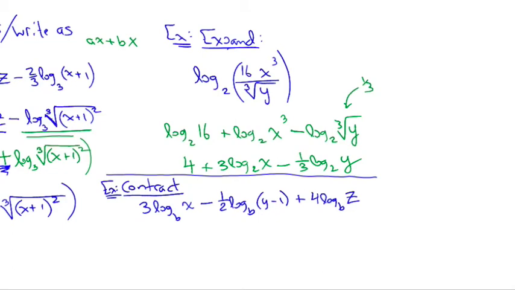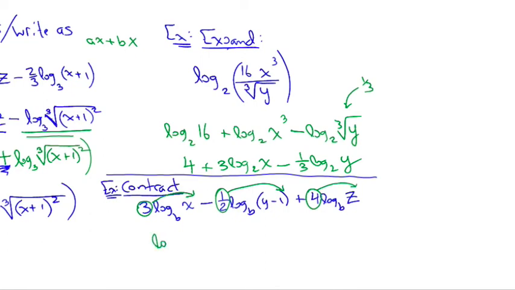So the first step is the numbers in front do not belong in front. They need to go up. So this becomes x cubed, this thing raised to the 1/2, this thing raised to the 4th.